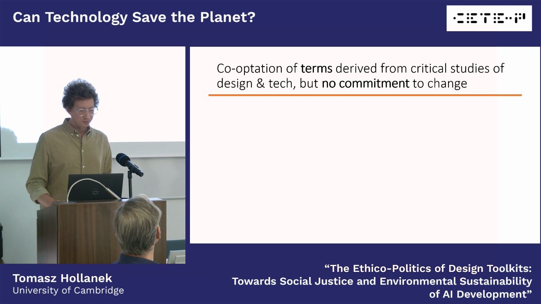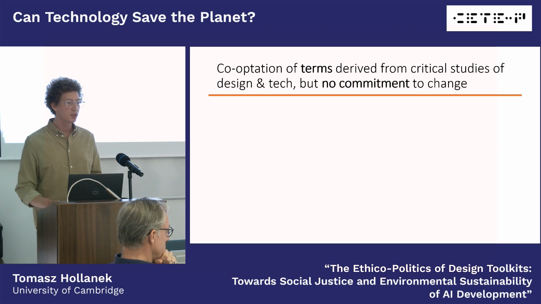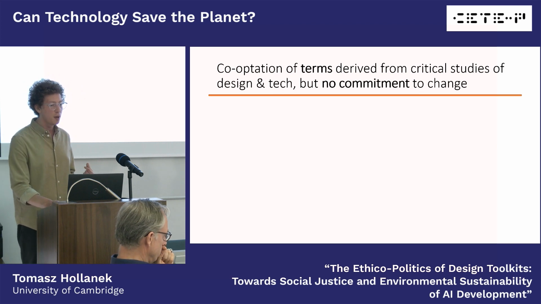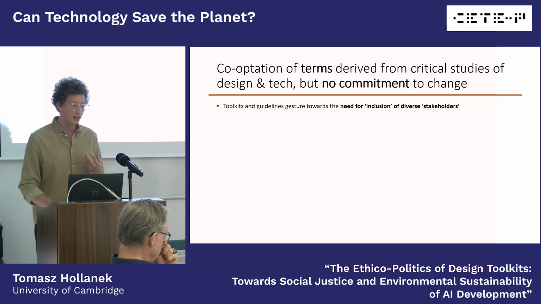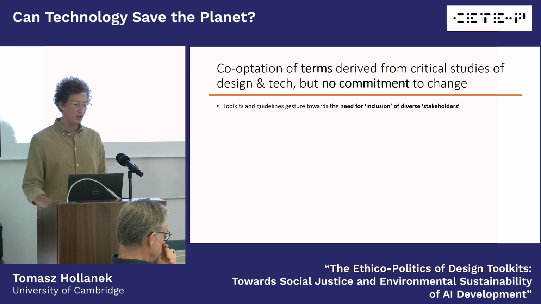And finally, this third category of shortcomings that most toolkits available right now embody is that they co-opt some terms derived from critical studies of design and technology, but they don't really embody a commitment to actual change. So, for example, they gesture towards the need for inclusion of diverse stakeholders.